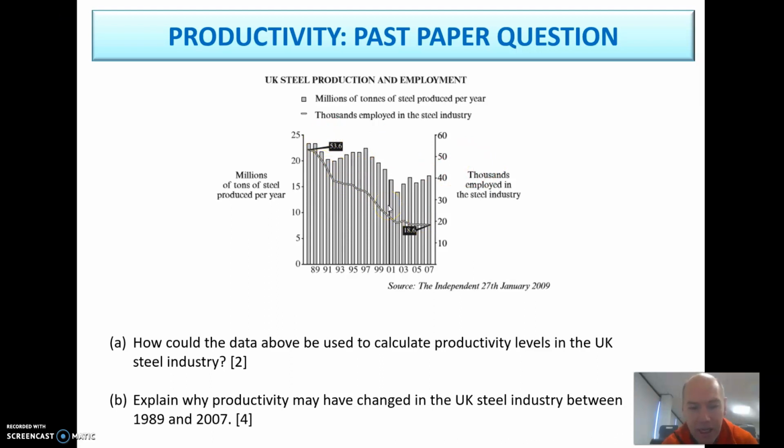Question A, how could the data above be used to calculate productivity levels in the British steel industry? For 2 marks. And question B, explain why productivity may have changed in the British steel industry between 1989 and 2007. I don't want you to spend more than 3 or 4 minutes maximum having a go at this. Okay, so pause the video now and have a go.